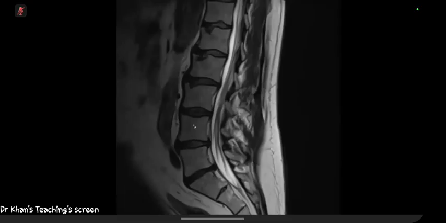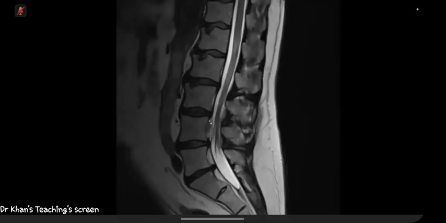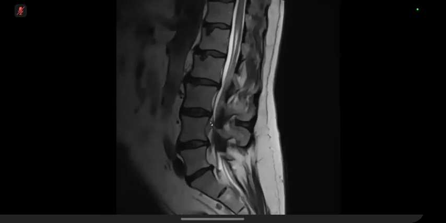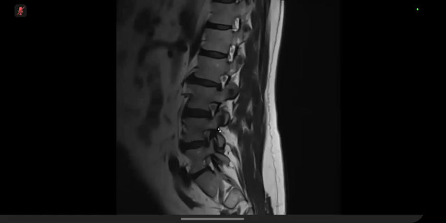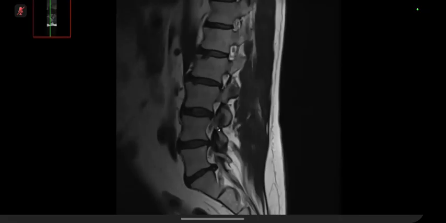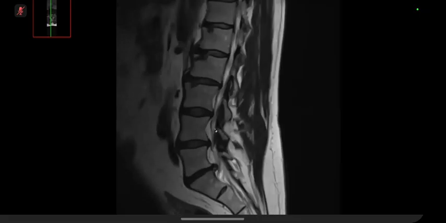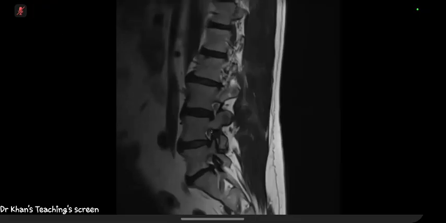So this is the L4 vertebra, and now posterior to that, here you see something, and when you go to the neural foramen, it is obliterated. You know, the keyhole appearance, because the fat is obliterated. So immediately something is wrong. On the other side, it is fine.